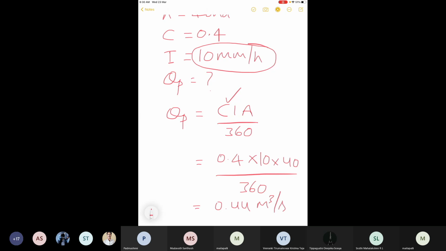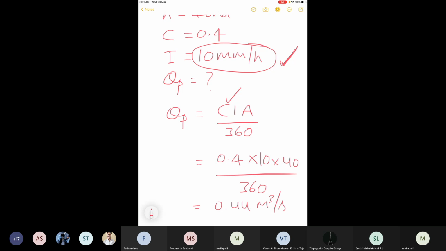The return period is hiding here, so it could be 10 years or 5 years. So we expect the maximum or peak flow with this rainfall intensity. Remember, the rainfall intensity corresponds to the expected peak flow.